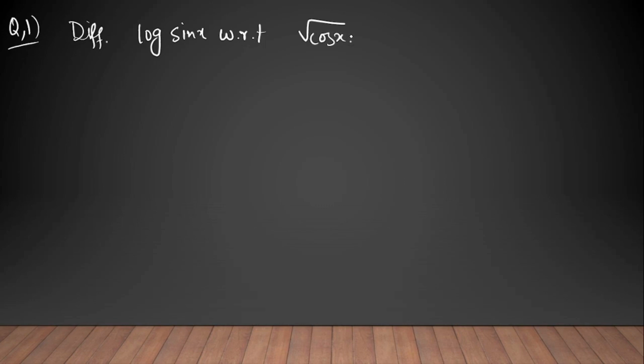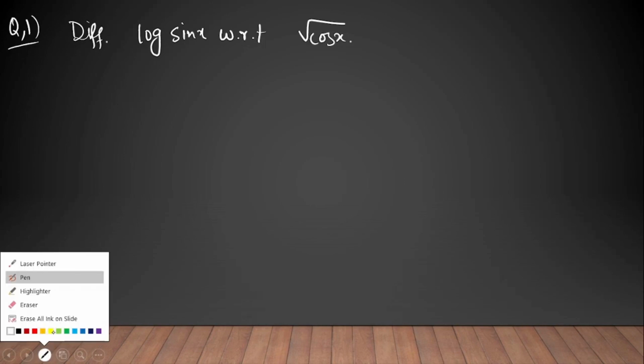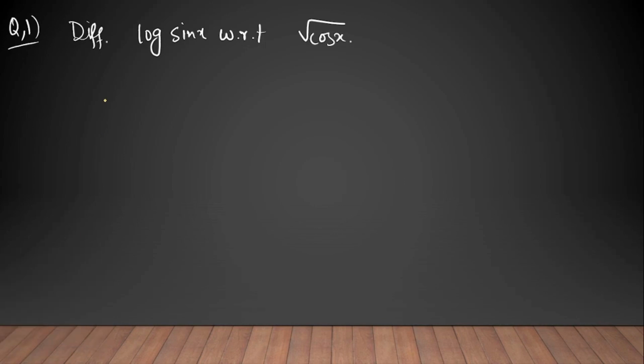Okay, so first of all we have to take the derivative of log of sin x. I am changing the color. Okay, the derivative of log of sin x will be 1 by sin x into the derivative of sin x, which is cos x, divided by root under cos x, which will be 1 by 2 root cos x into minus sin x.